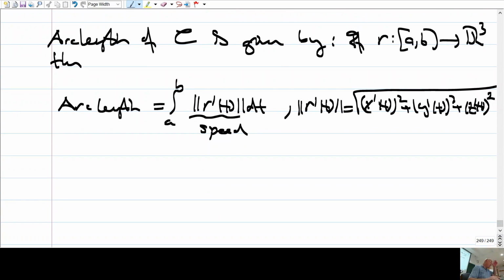This is the arc length, and we have also the following.